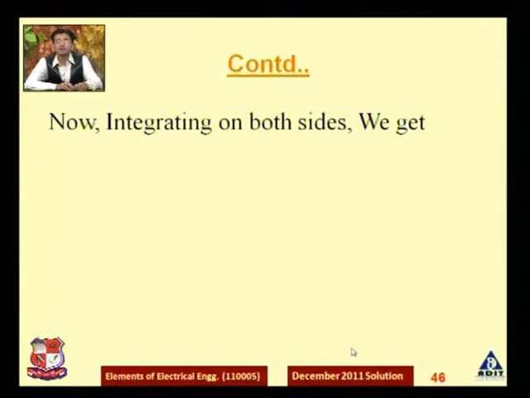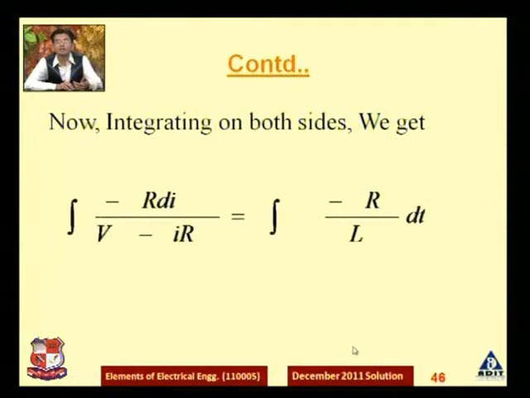Now what I will do? I will do integration on both sides. So by integrating both sides, I will get integration of minus R di divided by V minus IR is equal to integration of minus R by L dt. What is the need of doing this integration? By doing the integration, I can find out from the initial condition to the final condition, right?